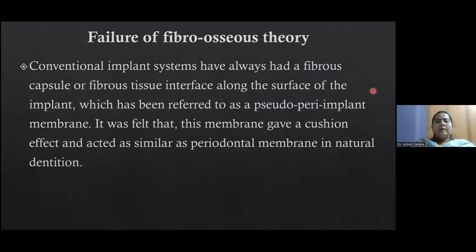But this fibro-osseous theory failed. Conventional implant systems have always had a fibrous capsule or fibrous tissue interface along the surface of the implant, which has been referred to as a pseudo-peri-implant membrane. It was felt that this membrane gave a cushion effect and acted like the periodontal membrane in the natural dentition.